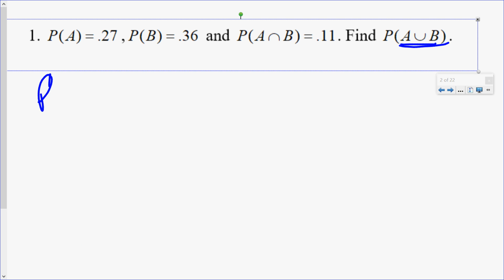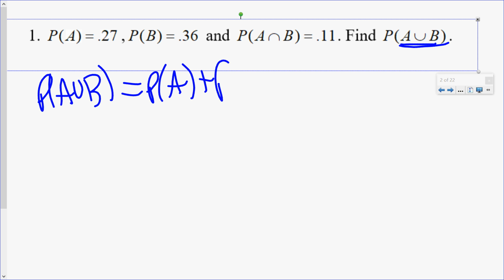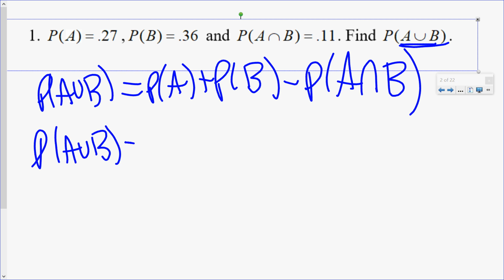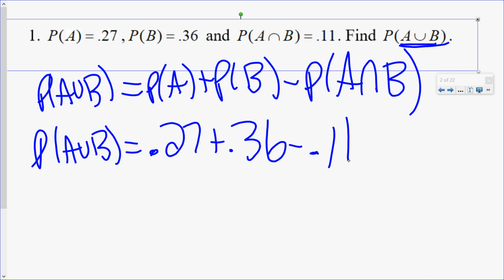P of A or B equals P of A plus P of B minus P of A and B. So we're being asked for P of A or B. P of A is 0.27. P of B is 0.36. P of A and B is 0.11.